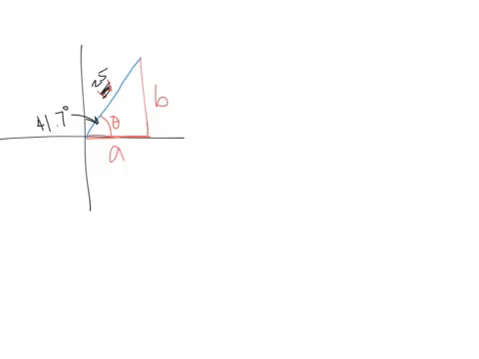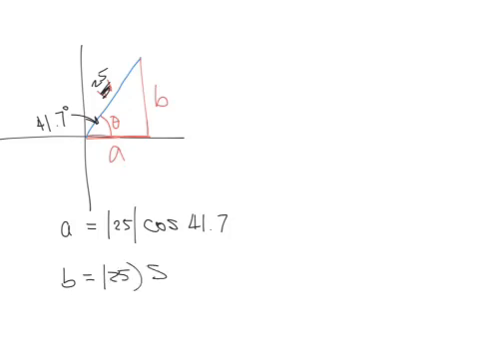So let's find A and B. So A is going to be the absolute value of 25, which obviously is 25, times the cosine of 41.7. And B is going to be the same thing, but it's going to be the sine of 41.7. Multiply those out, you get A is approximately 18.7, and B is approximately 16.6.